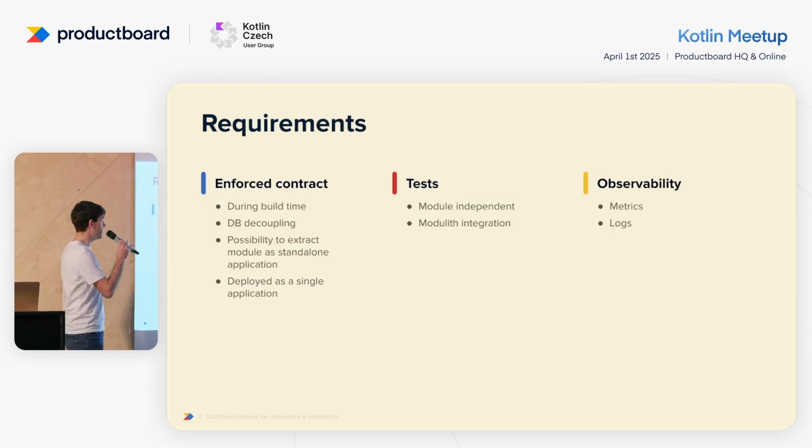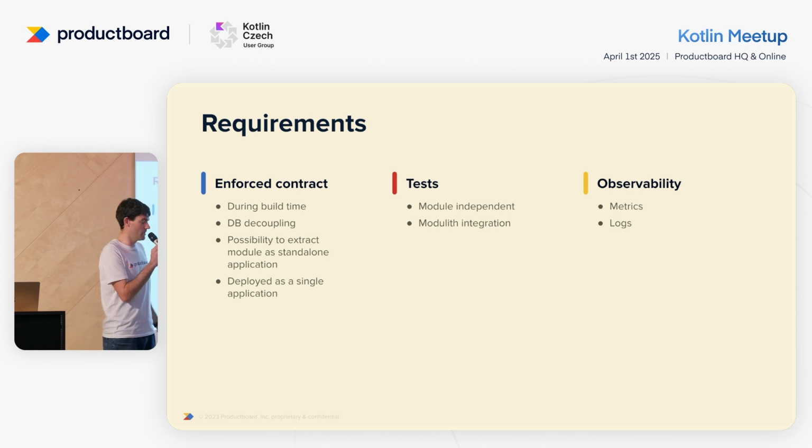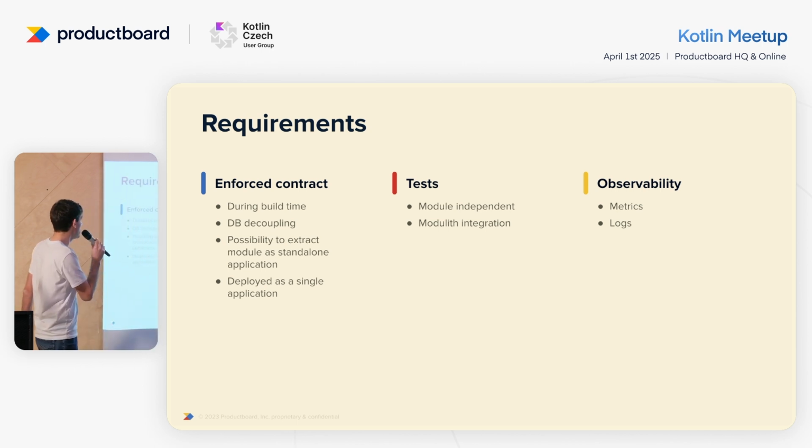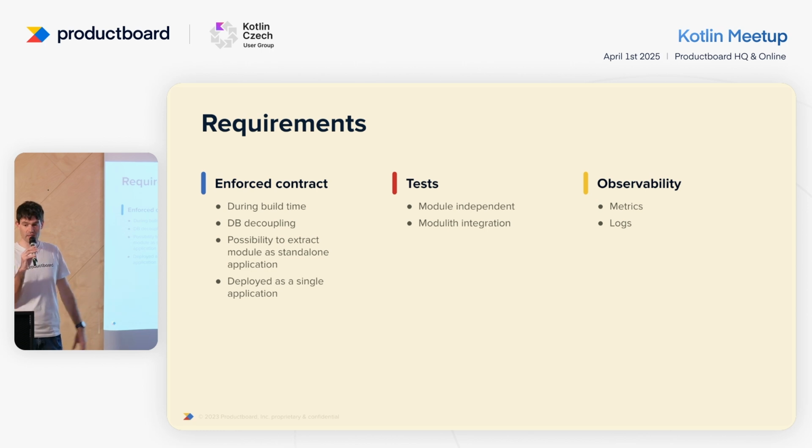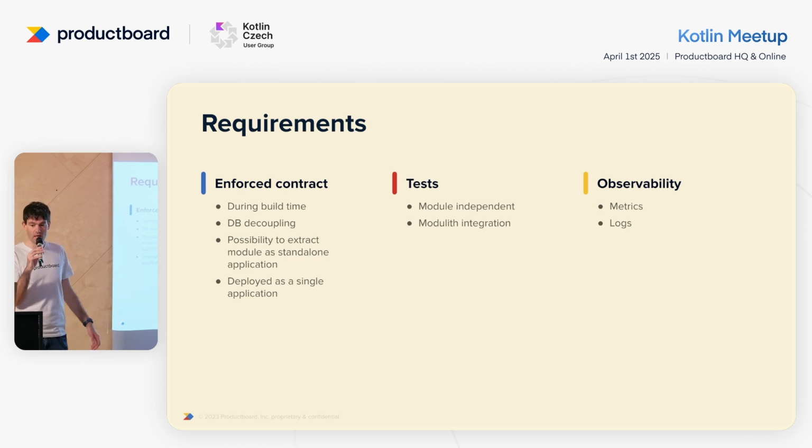Here are some requirements we had for the Modulith implementation. We wanted to have an enforced contract during build time. Of course, we didn't want to integrate the modules through the database.